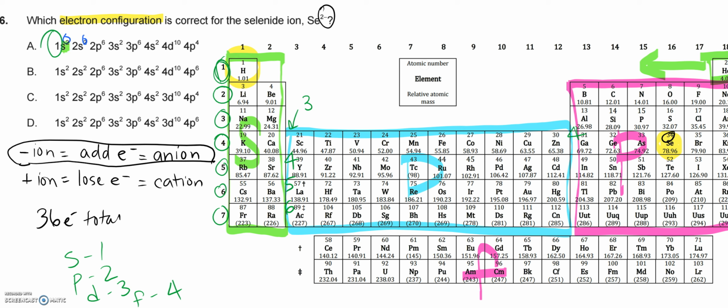S is like a sphere, P is like an infinity symbol, D starts getting funky, kind of clover-like, and then F is just crazy, and you don't have to know the shape of it. So those tell me the shapes that I can likely find, or the density of where I can find my electrons around the nucleus in that energy level. And then those, again, the top number are the number of electrons.